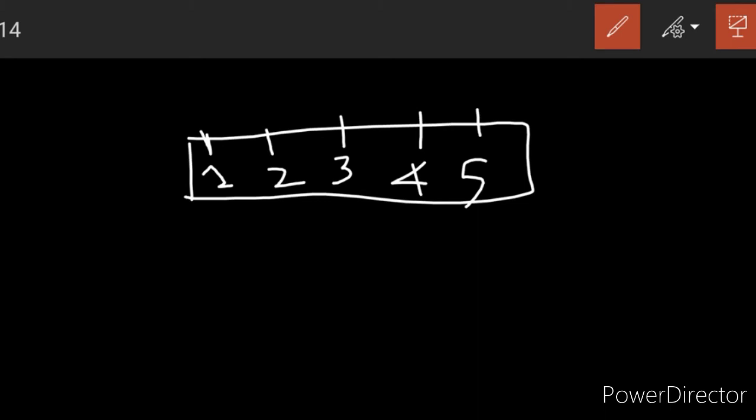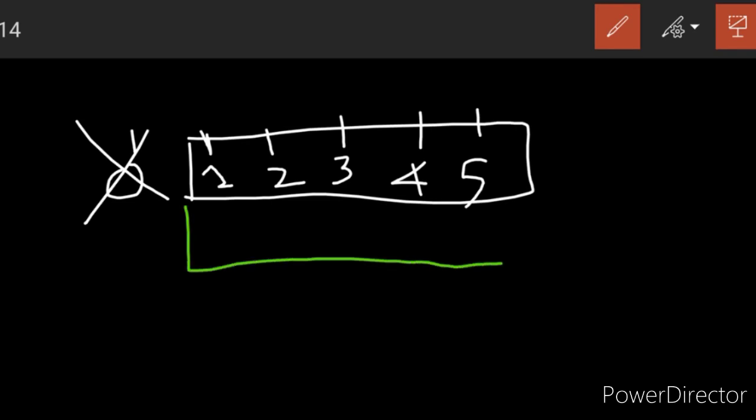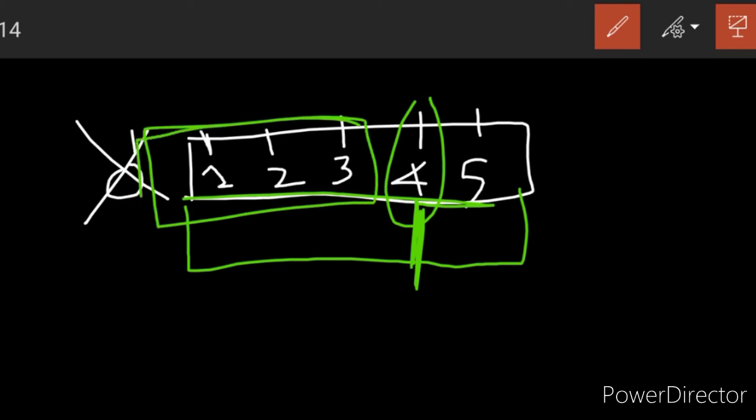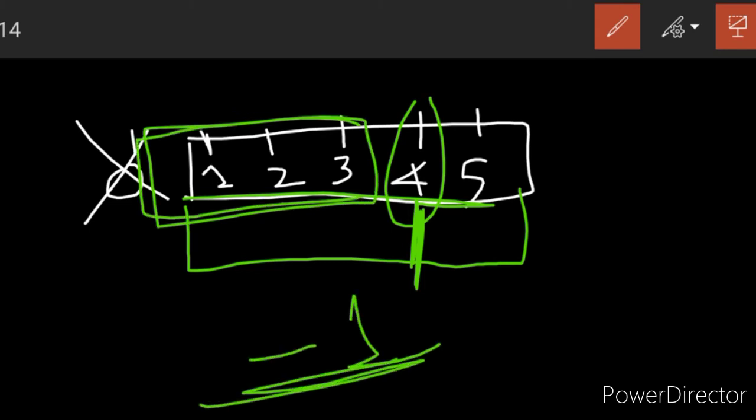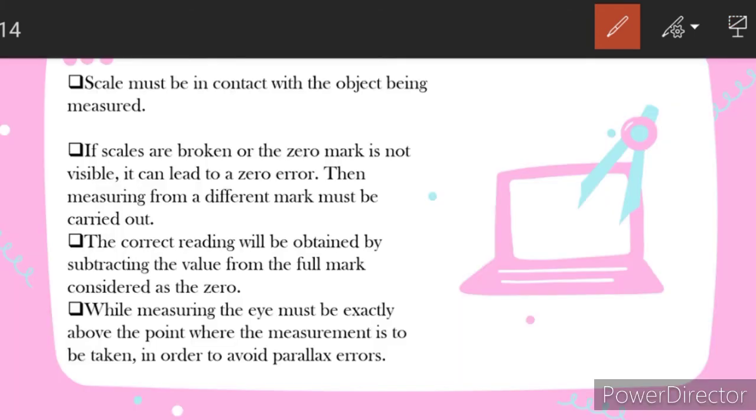The 0 must be mentioned, but it is not. So you measure the piece of paper, and if it comes till 4 centimeter, then it will not be 4 centimeter. You have to subtract 1 from it, so you spell it as 3 centimeter. In this way you can carry out the measurement.